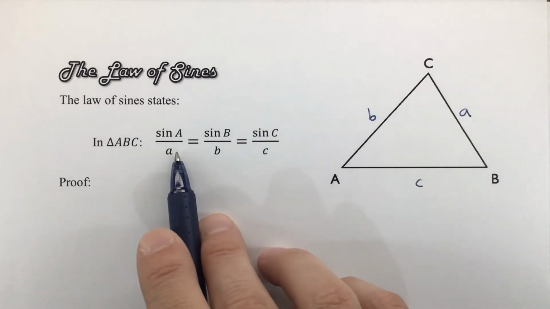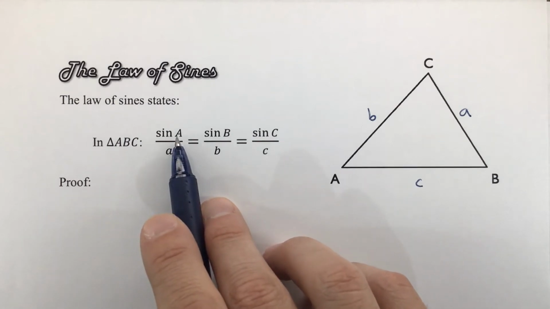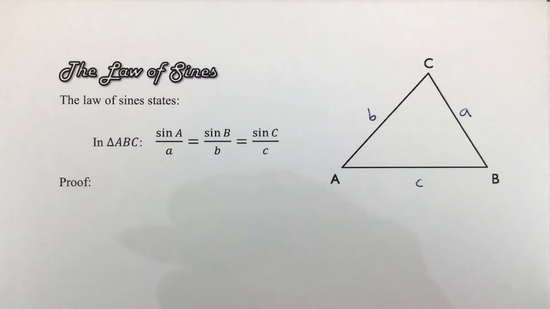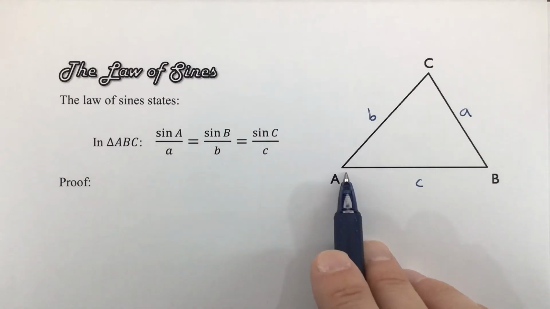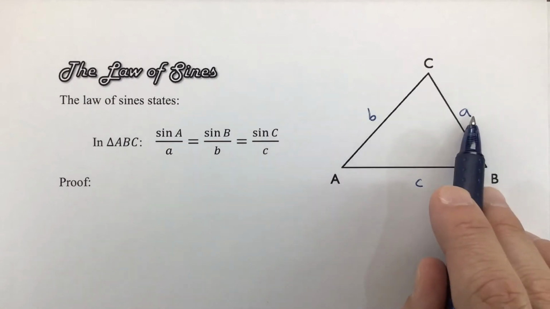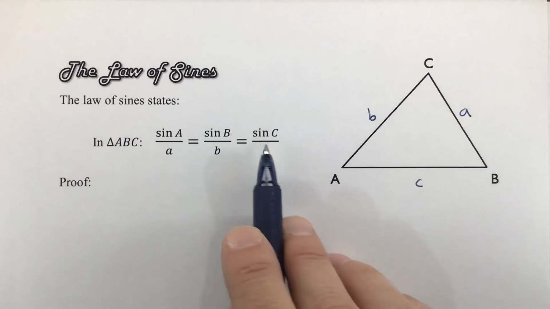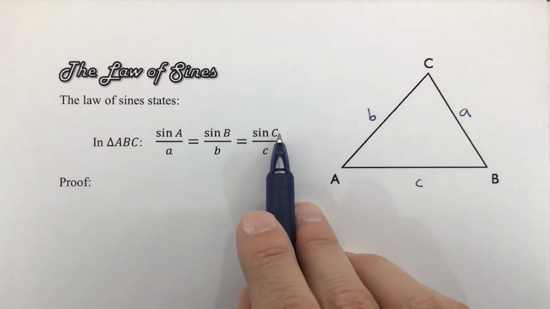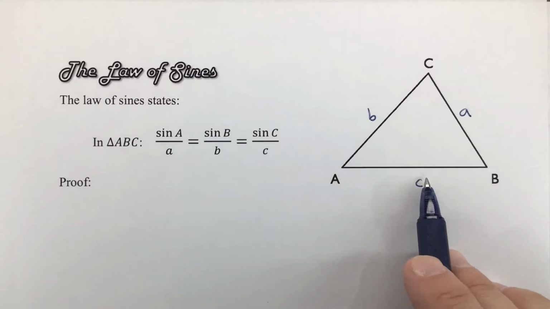It's a three-part equation, because it doesn't really matter which ones we're looking at as long as they are opposites of each other. So the sine of capital A divided by the side across from it is the same thing as the quotient you would get for using the B's, which is the same as the quotient of sine C over little c. Very convenient.